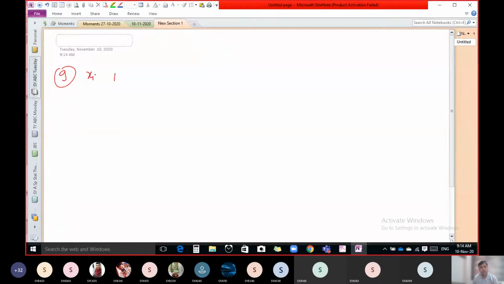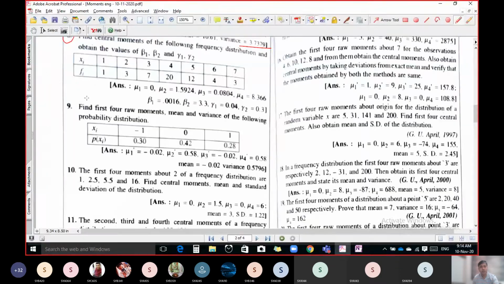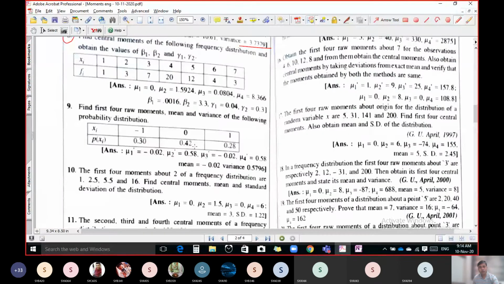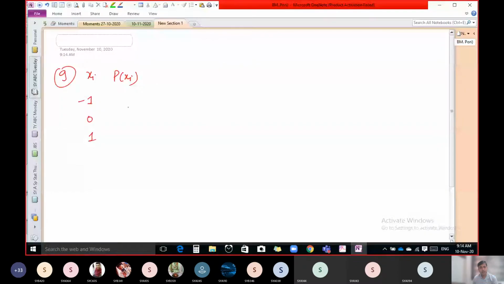Here we have xi and fi. Instead of fi, probability is given. xi is minus 1, 0, 1, and the probabilities are 0.3, 0.42 and 0.28.